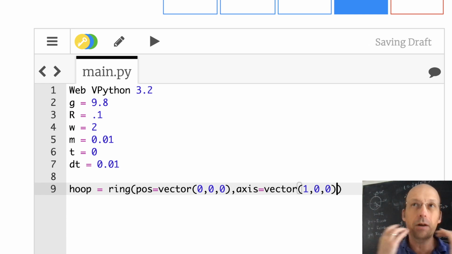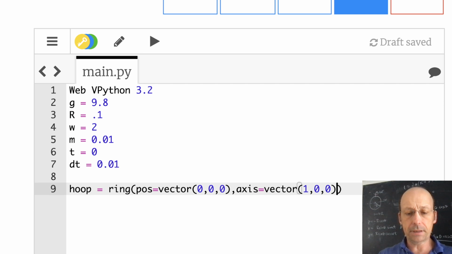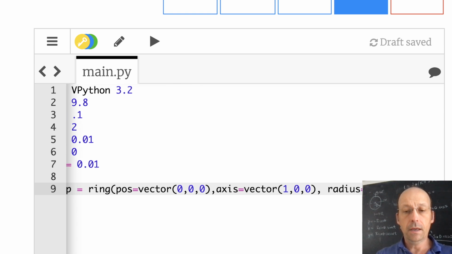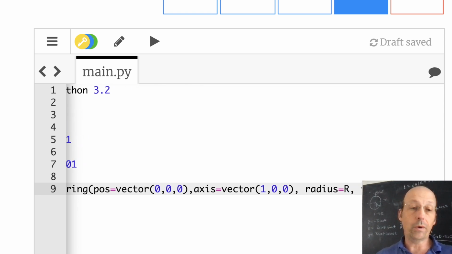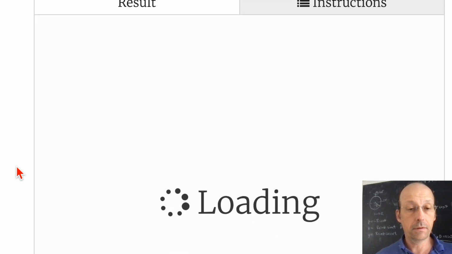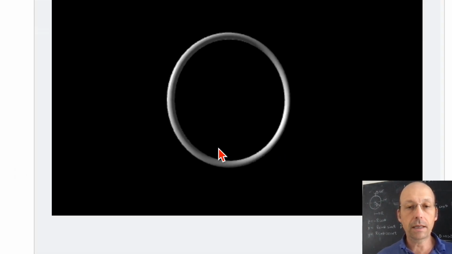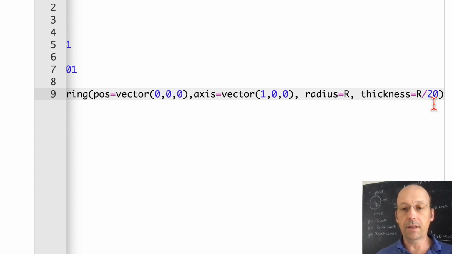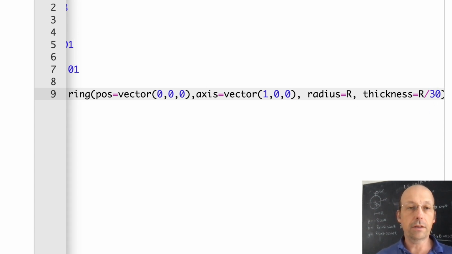I already did that before. I don't want to switch things up because it's going to make a mistake. Radius equals r. Thickness equals r over 20. I don't even know what that looks like. Let's just run it. And nothing happened. Okay, there. That looks pretty good. I want it a little bit thinner, so let's put 30. Let's try that.